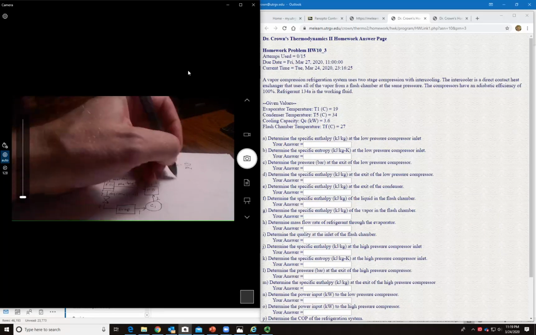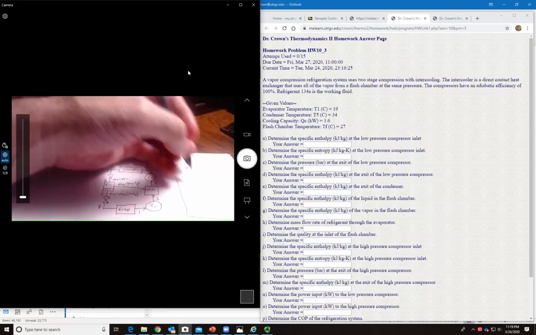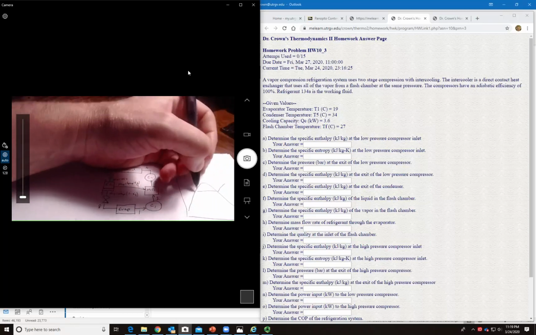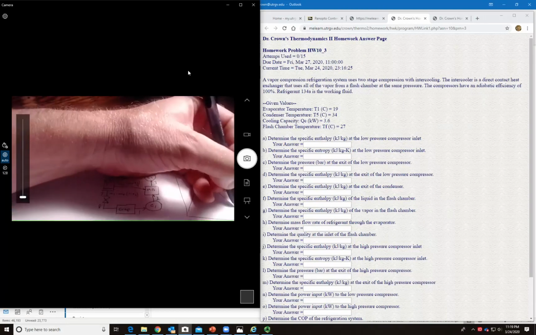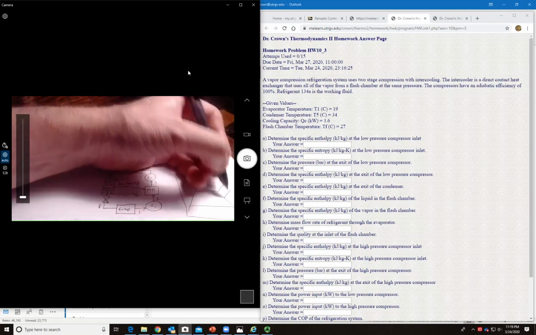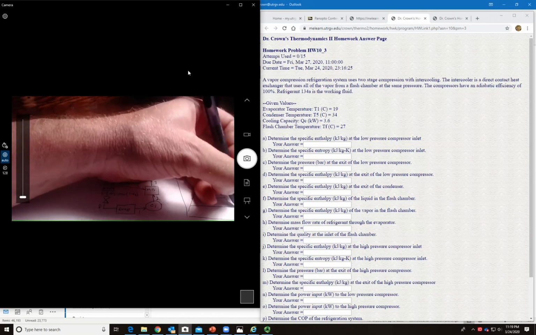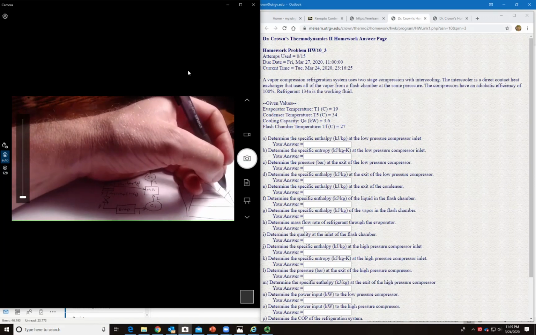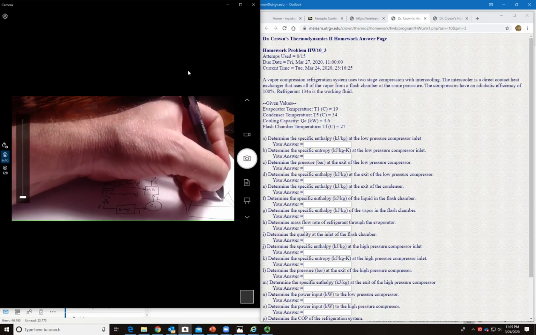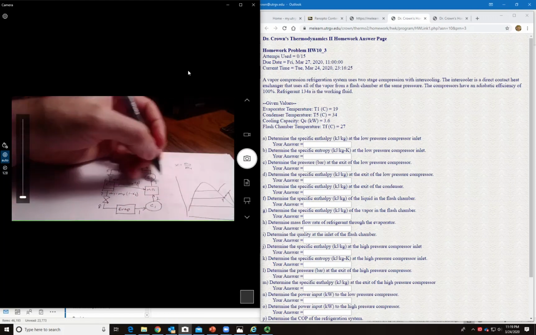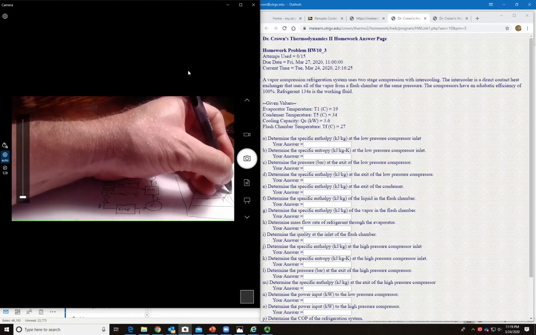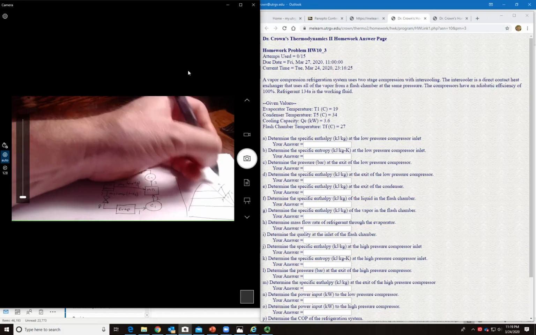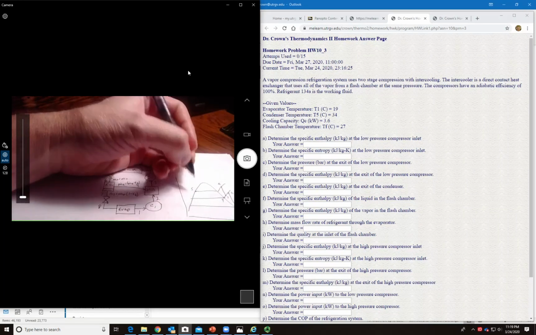So on a TS diagram, we have 3 pressures. So our first compressor starts at state 1, goes up to this intermediate pressure. It mixes with state 9 to provide state 3, and then compresses to state 4, comes out of the condenser at state 5.